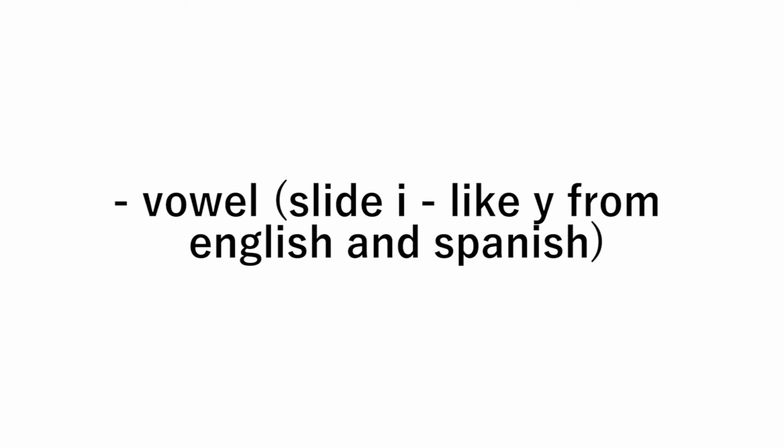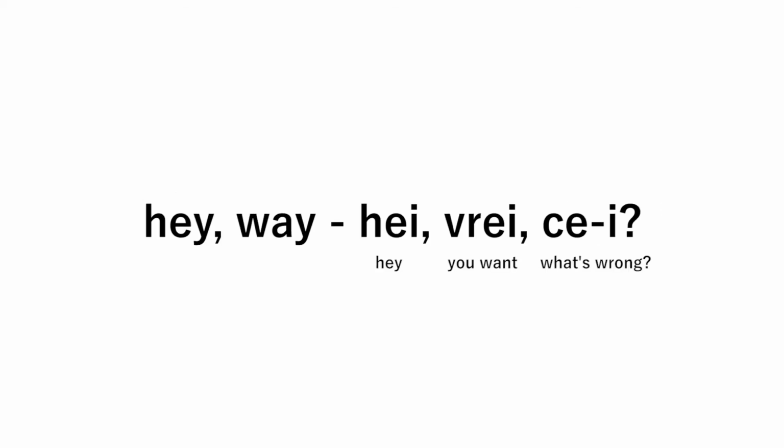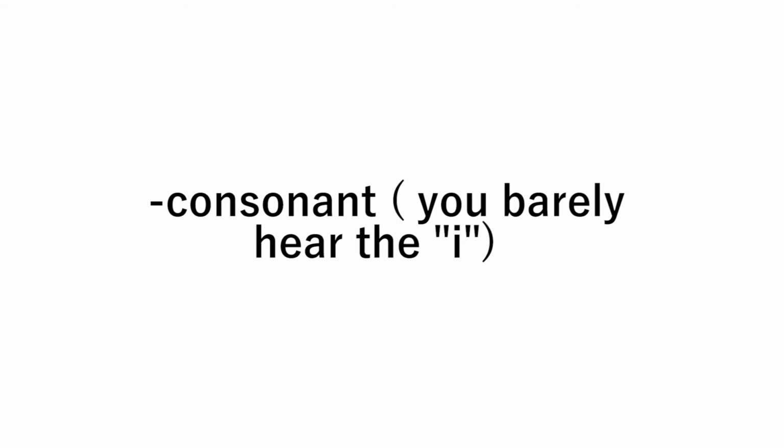No, like hey and way. You don't say hey e and way e. You kind of curve that e. Like hey and way. And again, in Romanian you can use hey or vrei or ce. Okay, and the second one, if it's a consonant, you will barely hear it when you pronounce it.